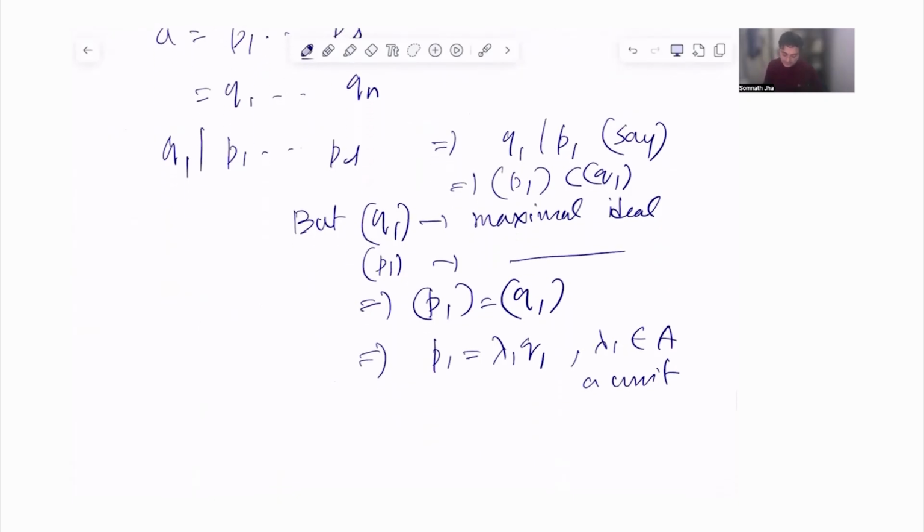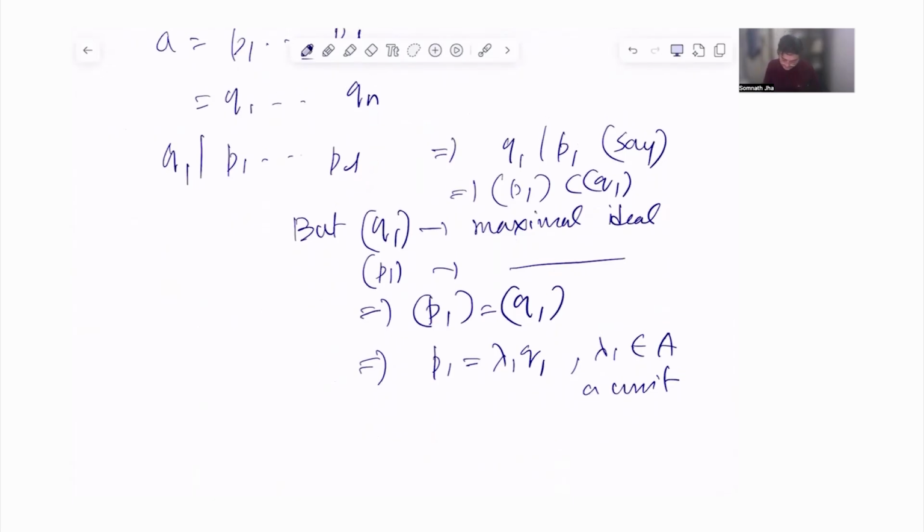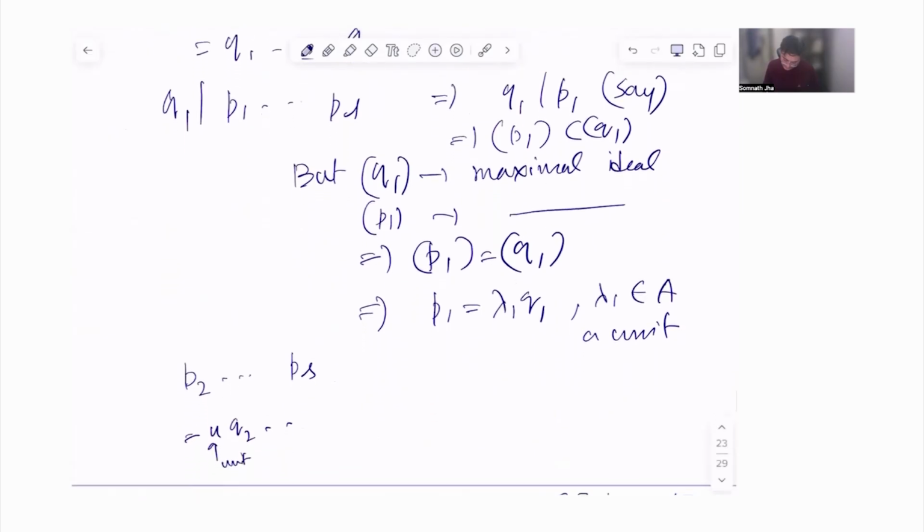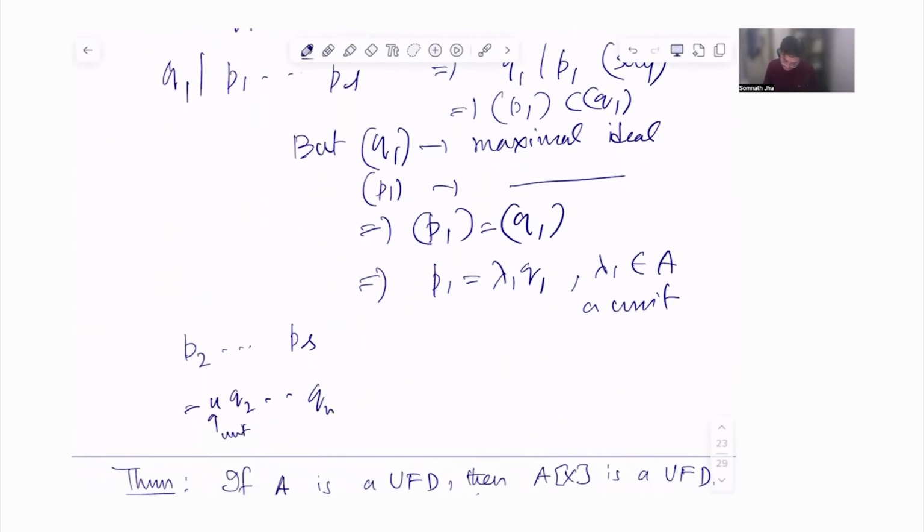So then you cancel P1 from both sides. So you get P2 through Ps equal to a unit times Q2 through Qn. The unit I can absorb, and I can write this as Q2' through Qn.